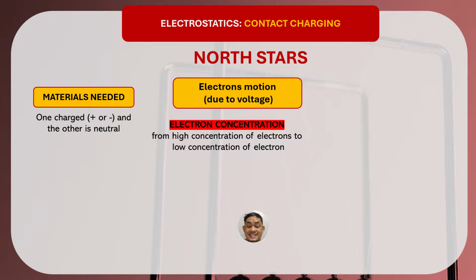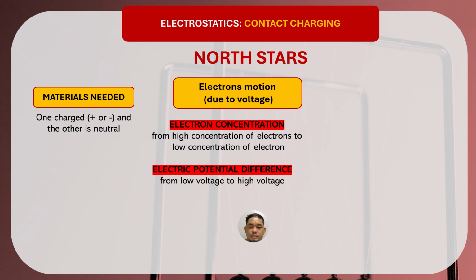That's the transit for electrons, because of the voltage, the force that pushes these electrons. If you use the basis of electric potential difference, or the voltage itself, when there is a high concentration of electrons, the voltage is low, and when there is a low concentration of electrons, the voltage is high. So electrons move from low to high voltage.